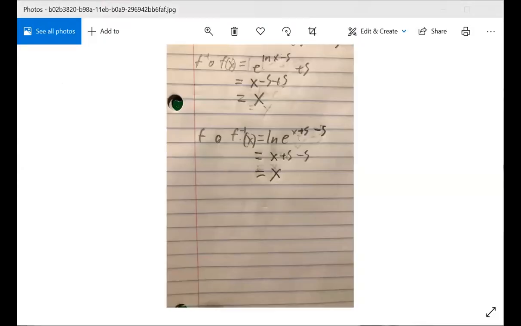Okay, here. So he's working on f of x, right? I forgot, what is f of x? f of x is ln x minus 5.